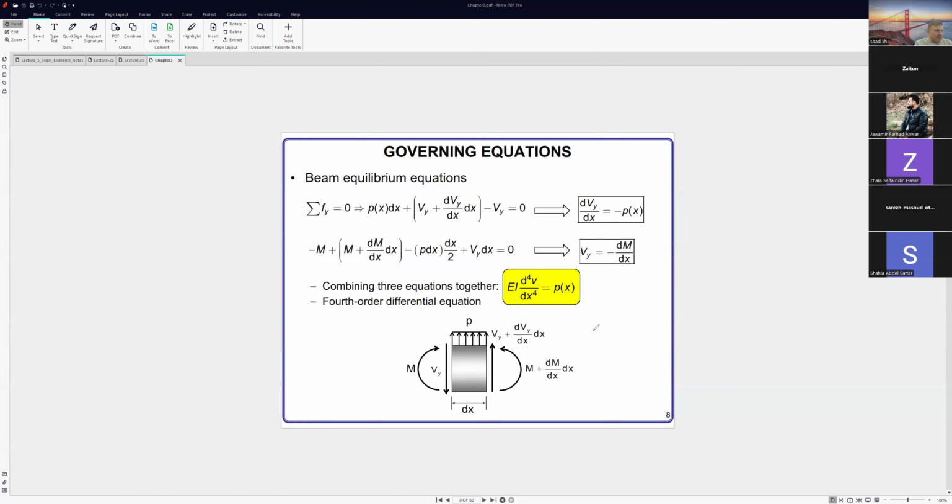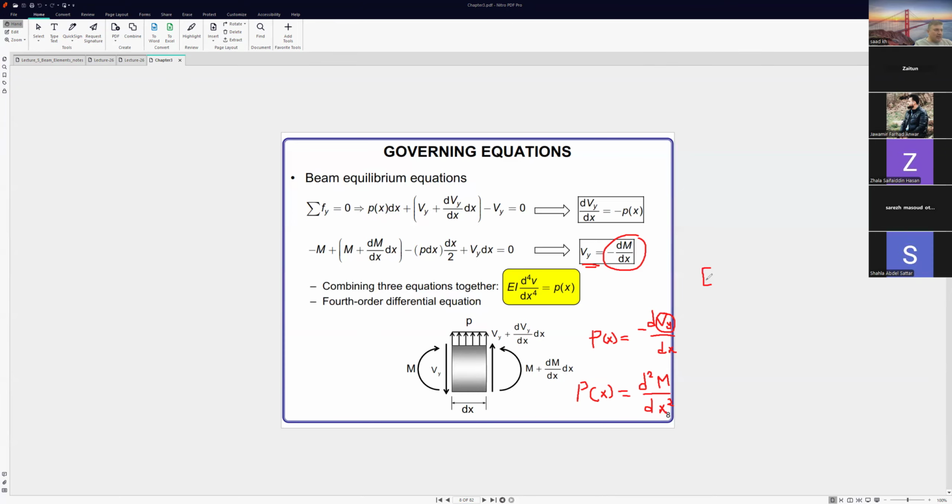Here we have P, let's say P of x is equal to minus dV of y over dx. And we know V of y is equal to minus this one. So minus minus will be plus, and instead of V of y it will be d squared M over dx squared.